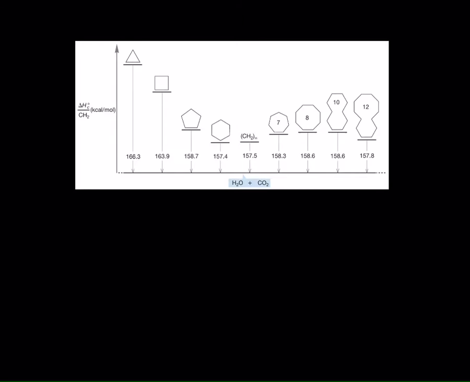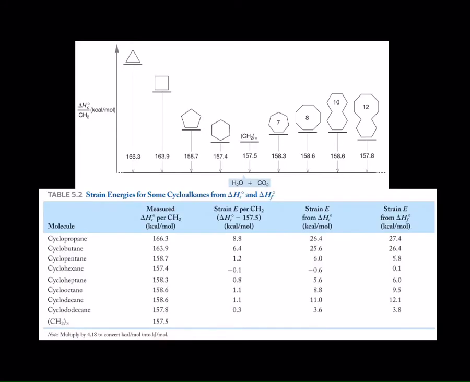And again, you see that cyclohexane has the lowest energy, so it is the most stable. Relative to a strain-free methylene chain, you see that there is essentially no difference between the two. So when I look at a table that compares the strain based on the delta H of combustion, I see right away that cyclohexane is the most stable, right?